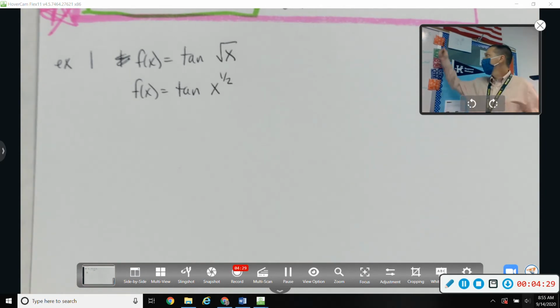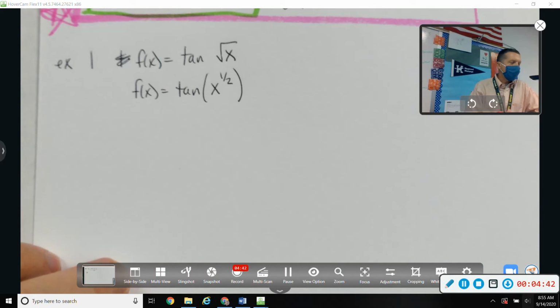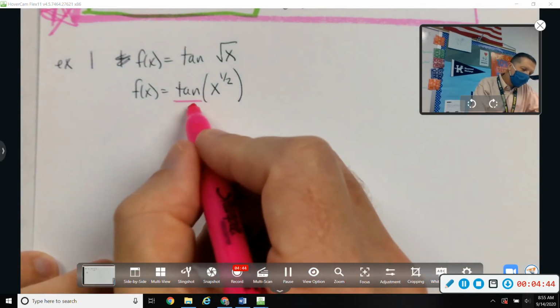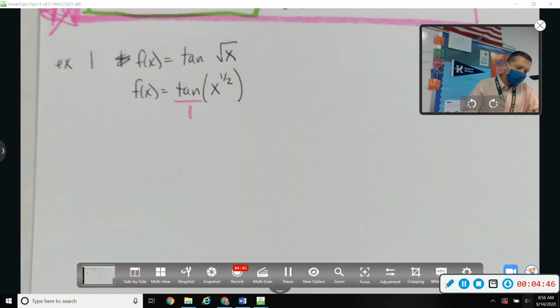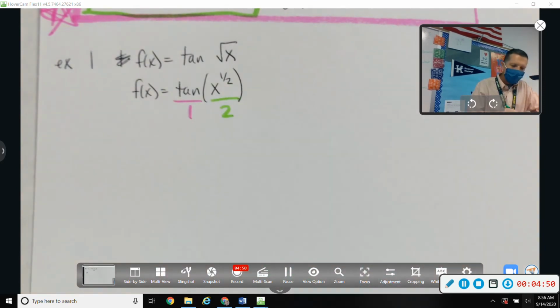So chain rule, Tootsie Roll Pop. What comes first? What's the outermost layer? Maybe help to do that. So we'll do tangent first. That's our outermost layer, and then we'll do x to the 1/2 after that.